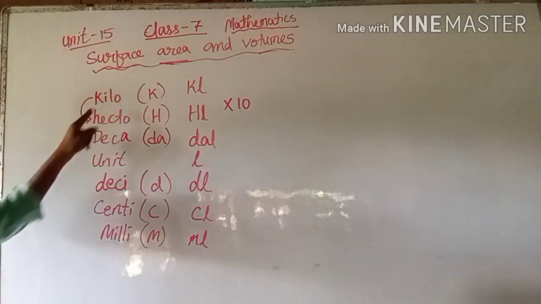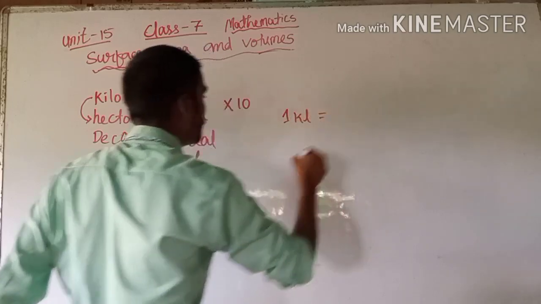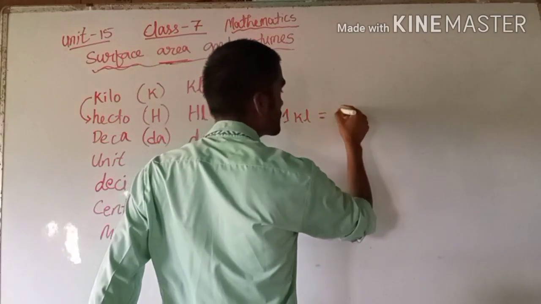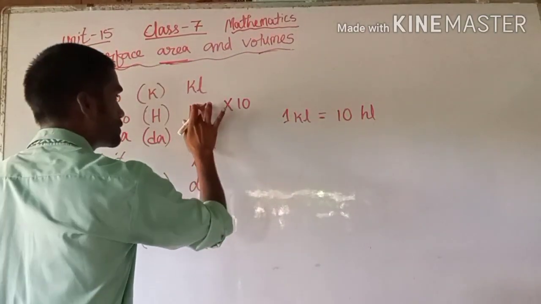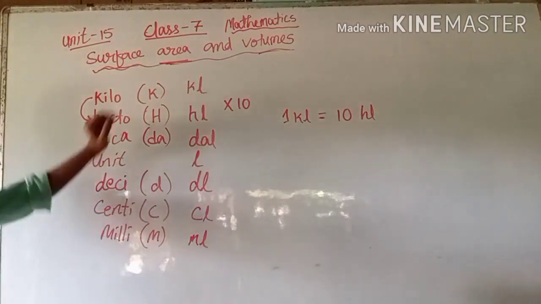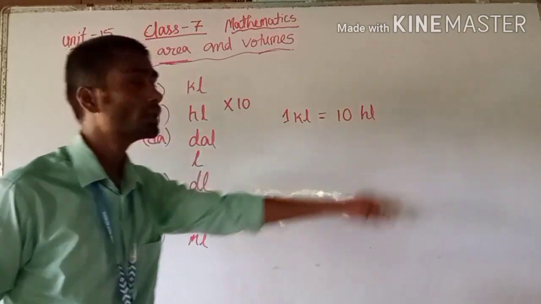That means if we are saying 1 kiloliter, if we are converting it into hectoliter, then we will change it as 10 hectoliter. Here we usually represent it with small letters. So 1 kiloliter is equal to 10 hectoliter.